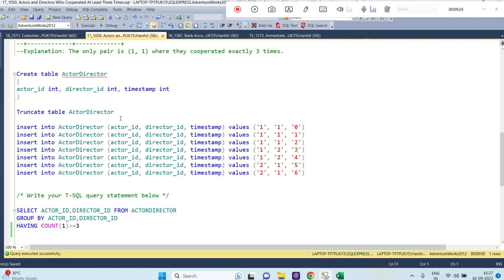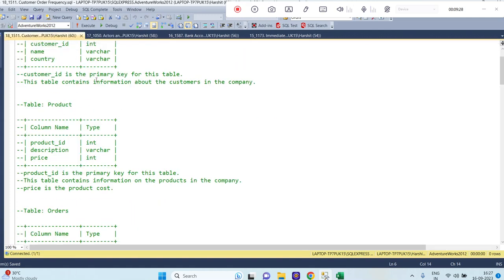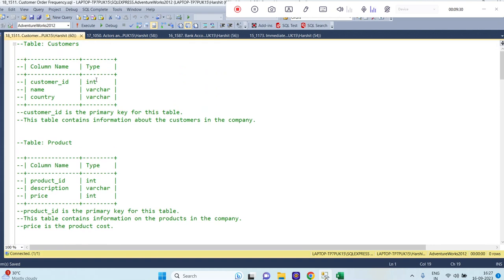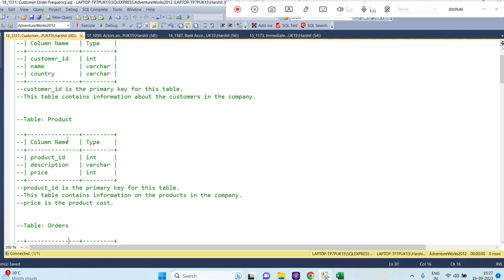Now let me jump to the next question. In this customers table, they have given us the customer ID, name and country columns. Customer ID is the primary key for this table. This table contains information about the customers in the company. Another table given is the products table.